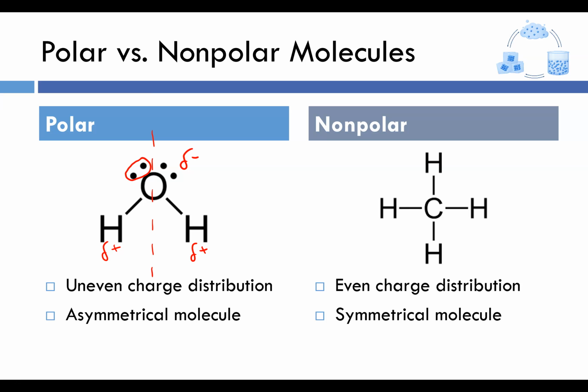Nonpolar molecules at this point tend to be highly symmetrical, so 2 or more planes of symmetry. That's definitely the case with something like CH4. And it doesn't show up, but it wouldn't hurt to jot it down: nonpolar molecules tend to have no unshared pairs of electrons on the central atom. I hope that served as a quick reminder of how to assess whether a molecule is polar or nonpolar.